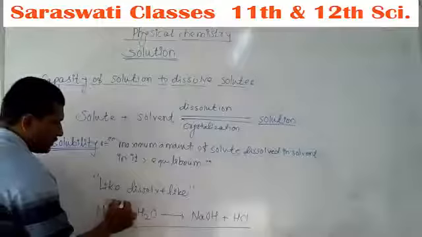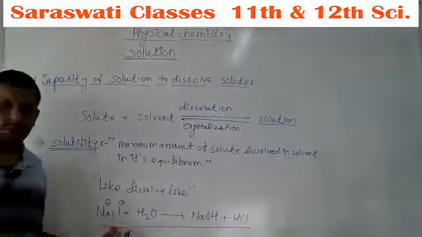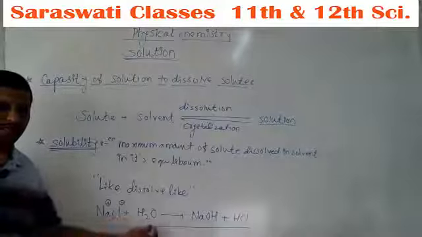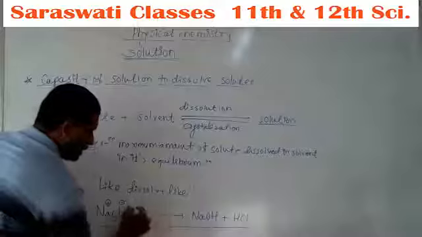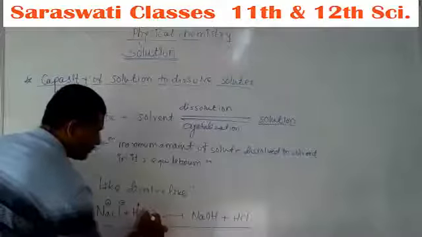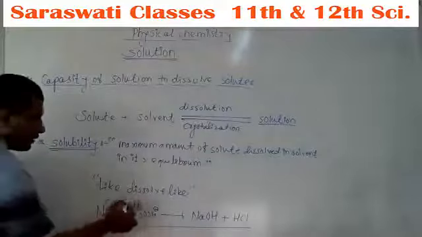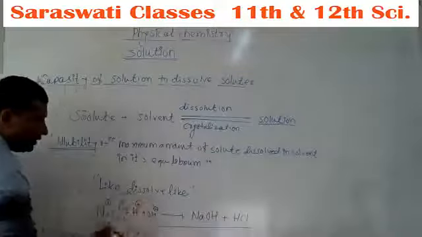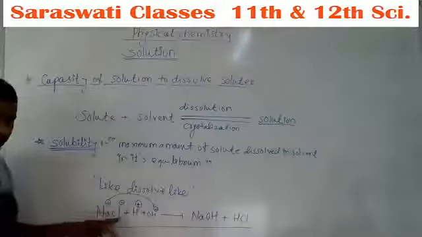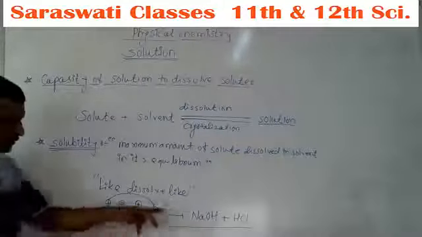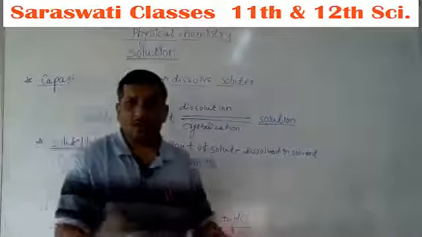Here positive and negative charges are present, and dipoles are created, which react with H plus and OH minus. Na reacts with OH and forms a bond, and H plus and Cl minus form a bond, giving NaOH and HCl. This means like dissolves like.